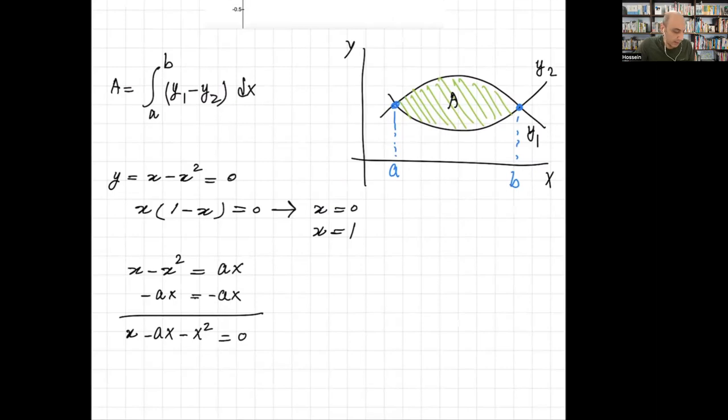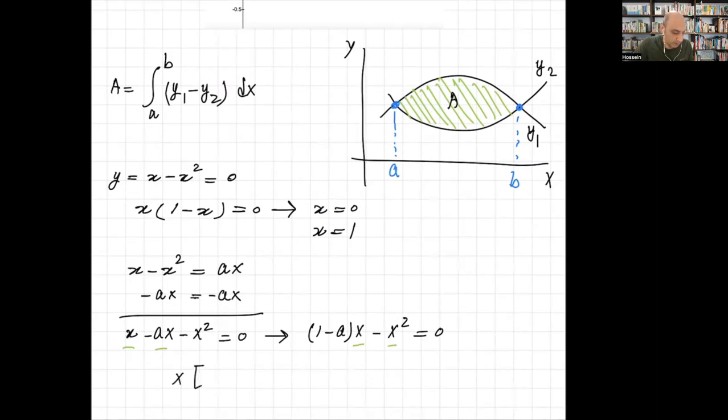In the first two terms, I have x, so I'm going to factor x. So I have 1 minus a times x minus x squared equals 0. Then I have a common factor x in the two terms, so I'm going to factor that.